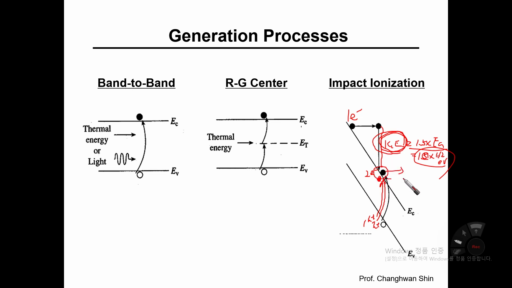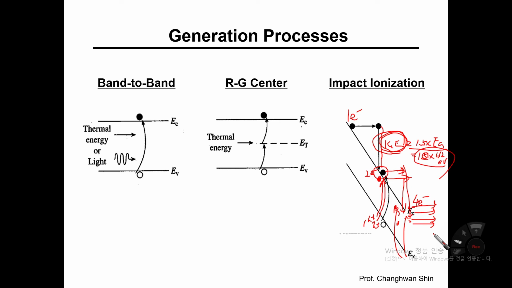Those two electrons would be accelerated together, and they lose another kinetic energy. Then two more electrons would be induced. So now a total of four electrons are available, and they accelerate again, and maybe at the end of this sample, an exponentially increased number of electrons are available.